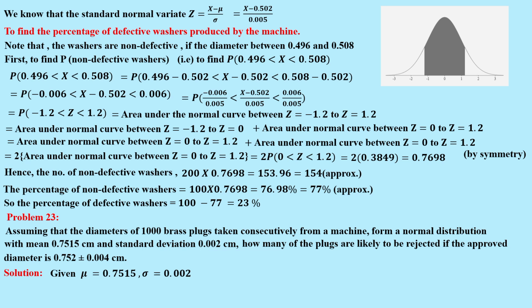So given mu is equal to 0.7515, sigma is equal to 0.002.